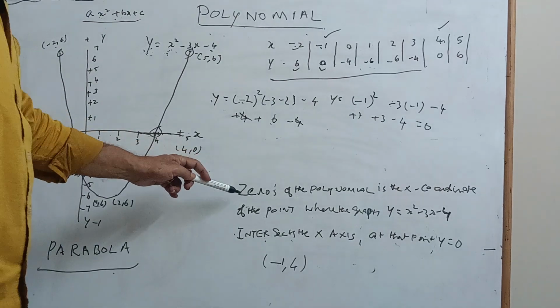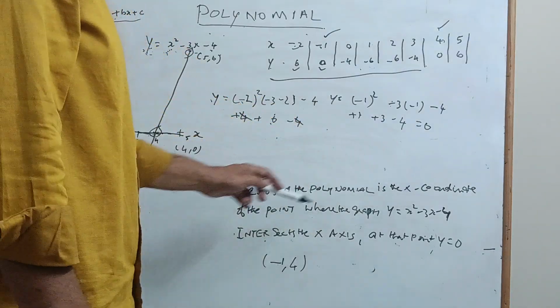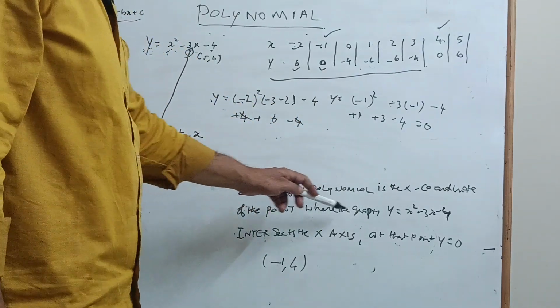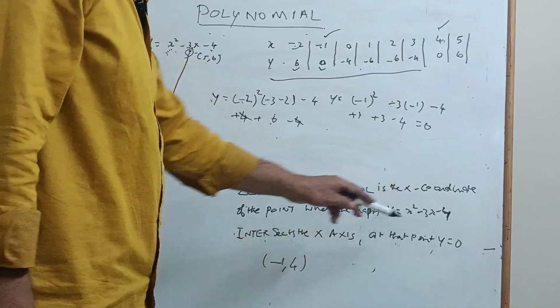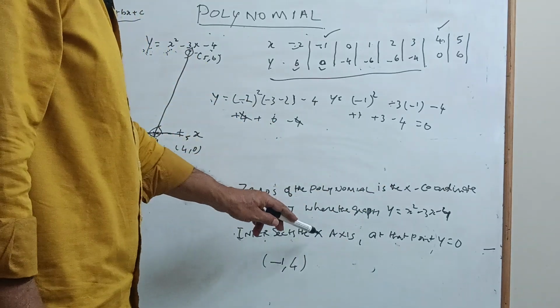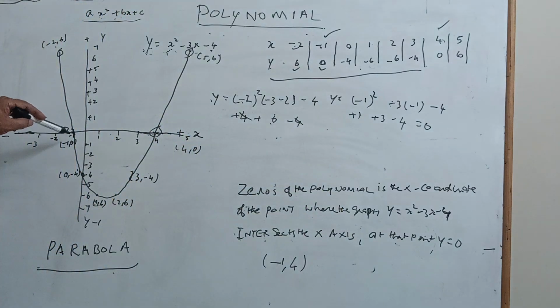So that is why I have written: zeros of the polynomial is the x coordinate of the point where the graph y equal to x squared minus 3x minus 4 intersects the x-axis. Okay, this is called the intersection. The graph intersecting the x-axis.